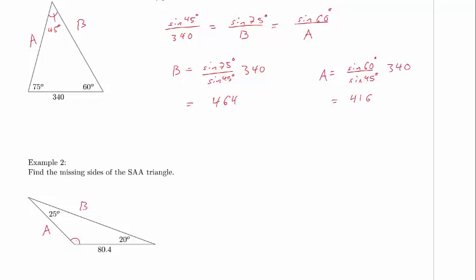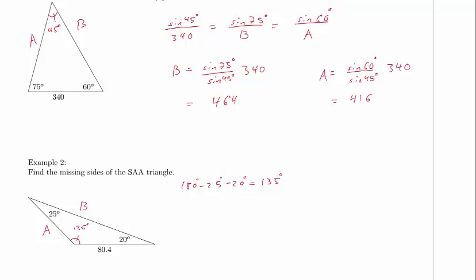Let's go ahead and find that angle. So again we have 180 minus 25 minus 20, and these are all in terms of degrees. Then it's 135 degrees. Let's go ahead and write that down there.